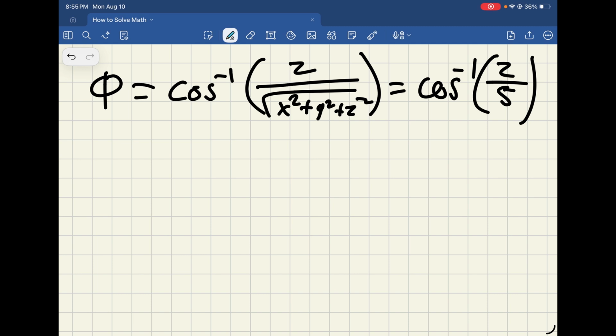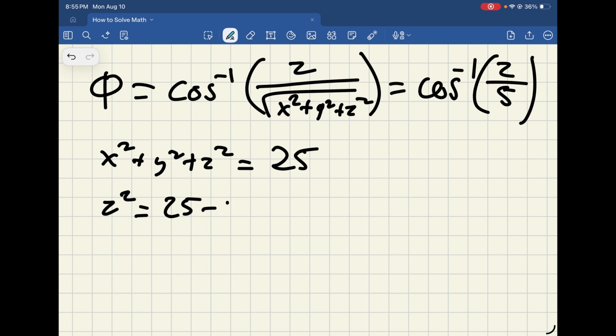So the original equation is x squared plus y squared plus z squared equal to 25. Let's isolate z squared: 25 minus x squared minus y squared, which is the same as 25 minus the quantity x squared plus y squared.